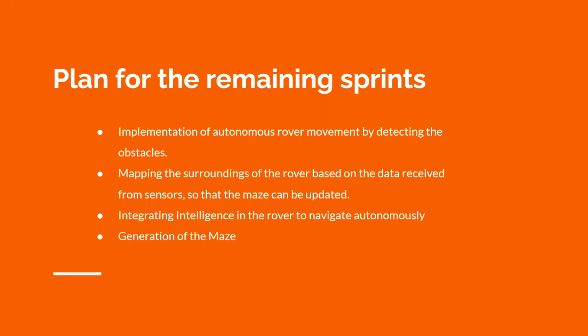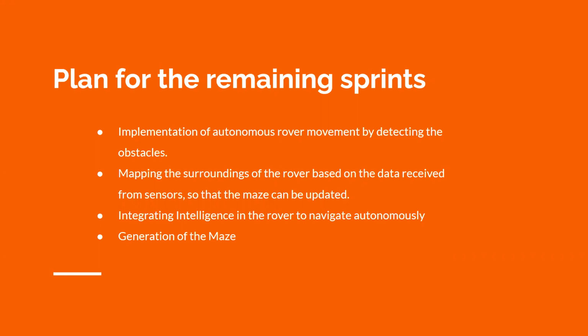It should also be able to map the surroundings of the rover based on the data received, which is that after it traverses through the map, we should be able to generate a map in our environment for analysis. And it needs to make use of the sensors that are mounted on top of it for this. We should also integrate intelligence in the rover to navigate autonomously.